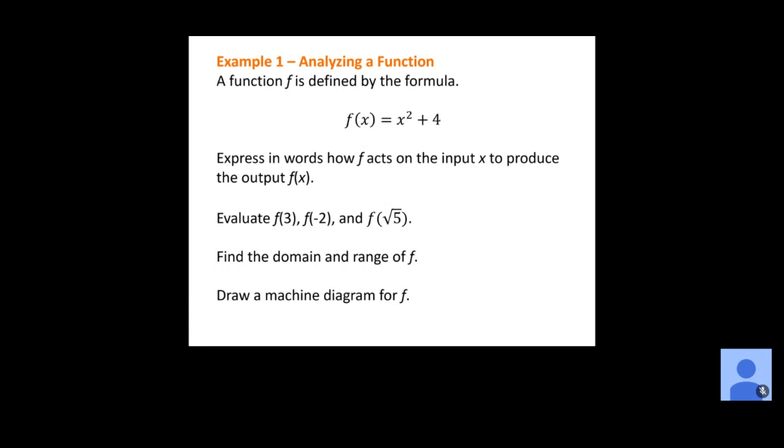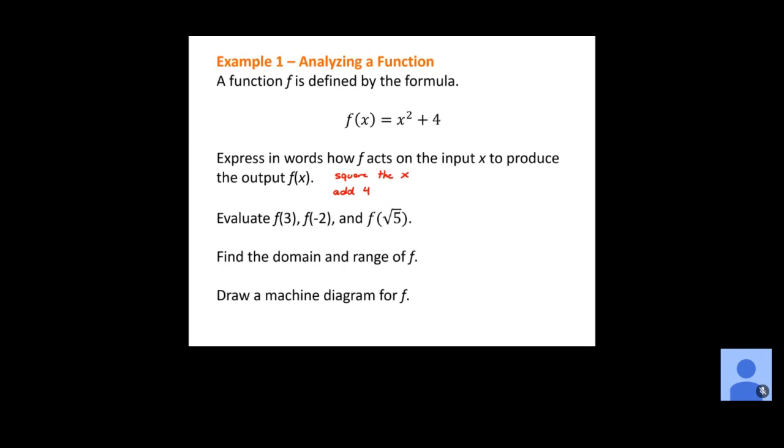So the first thing is we square the x. Once we've squared that x value, the next thing in this function is addition of 4. So the next step is we add 4. And that's all. Describing it in words, we square the x value, we add 4, and that's all we have to do.